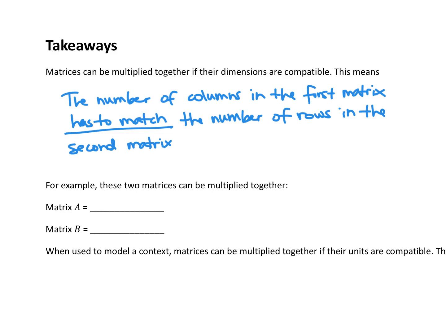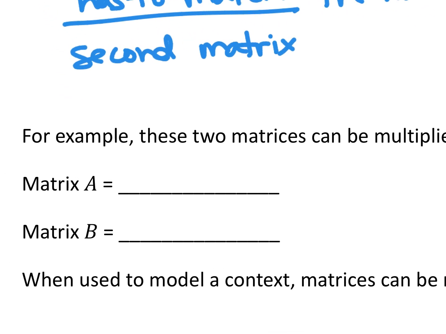All right, let's continue our takeaways. For example, these two matrices can be multiplied together. So let's say we have the matrix A as 8, 2, 1, and then 10, 4, and 3.